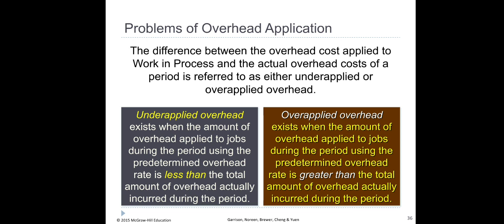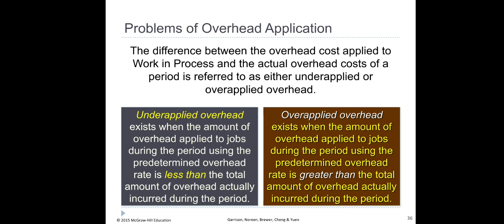And see the brown box, overapplied overhead exists when the amount of overhead applied to jobs during the accounting period using the predetermined overhead rate is greater than the total amount of overhead actually incurred during the period.